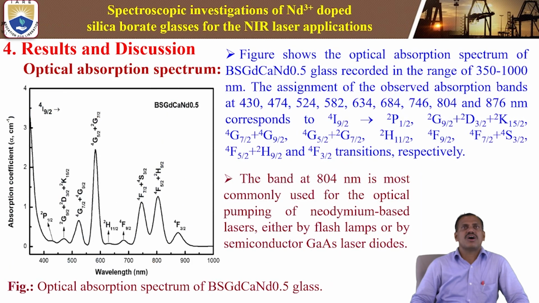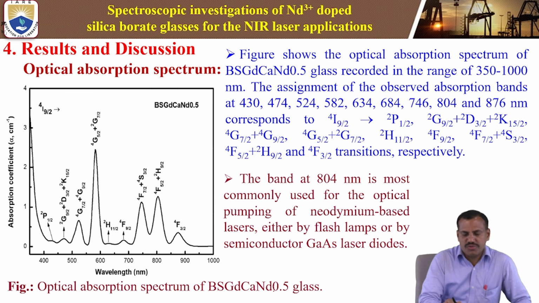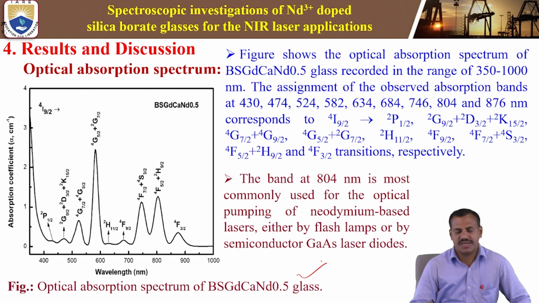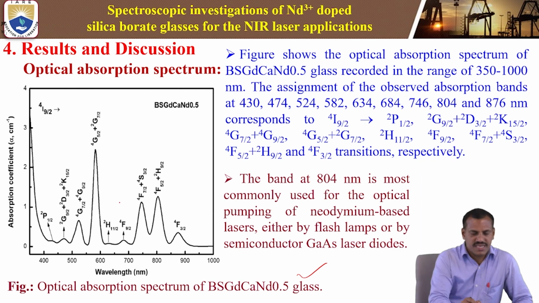Next, coming to the optical absorption spectra of the 0.1 molar Nd3+ doped gadolinium calcium silicoborate glasses. This figure shows the optical absorption spectra of the Nd3+ doped glass, wavelength versus absorption coefficient.